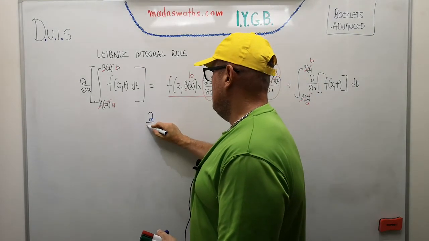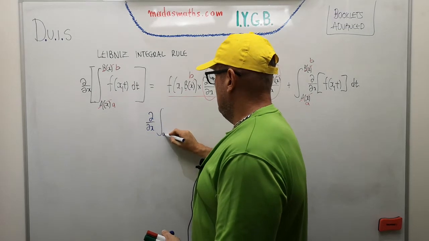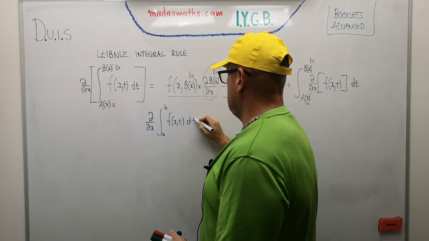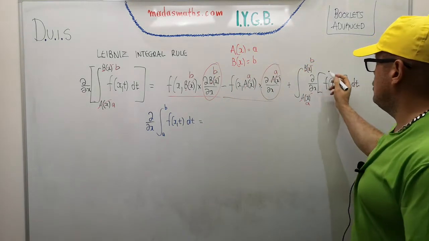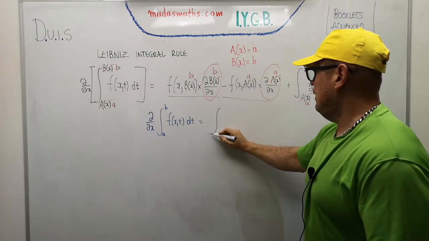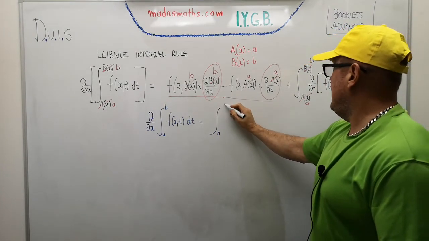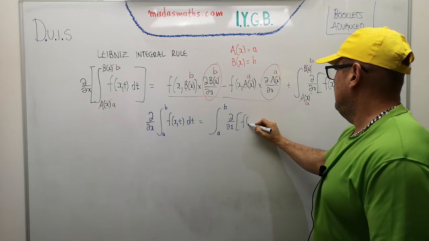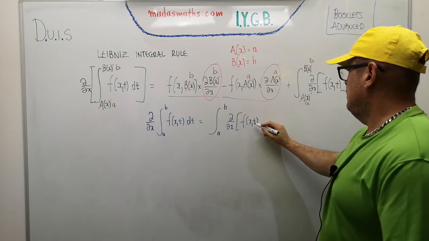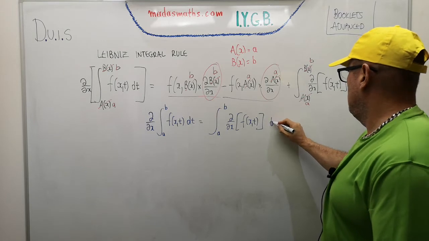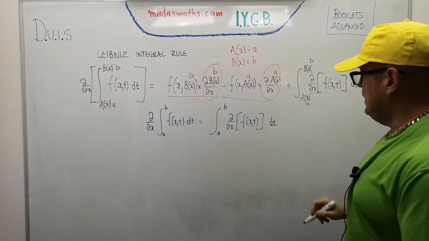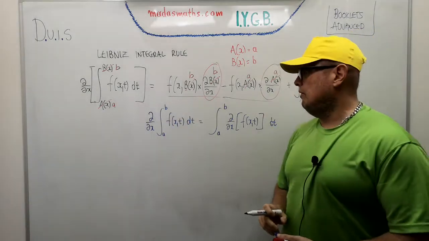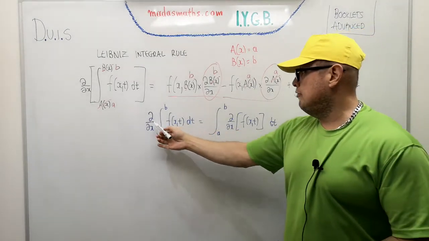So this formula reduces to something very simple. It says d by dx of the integral from a to b of a function of two variables f(x, t) with respect to t is exactly the same as the integral from a to b of the partial d by dx of f(x, t) dt. So what does it actually say? If we have constant limits, integration and differentiation commute.